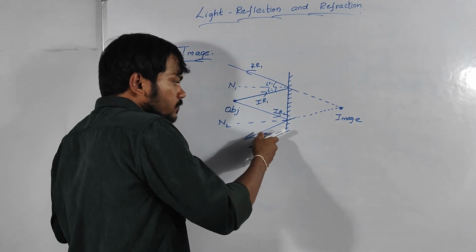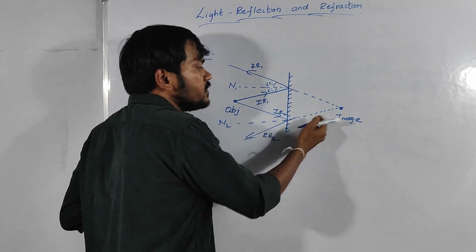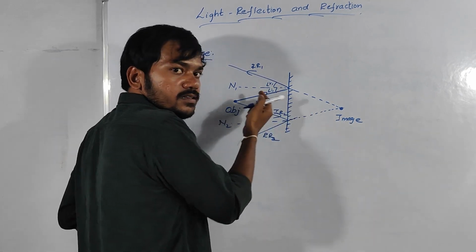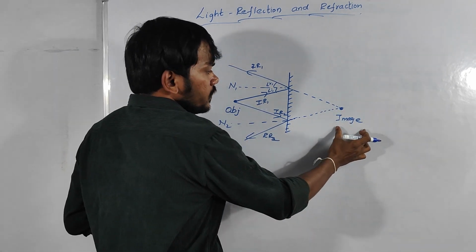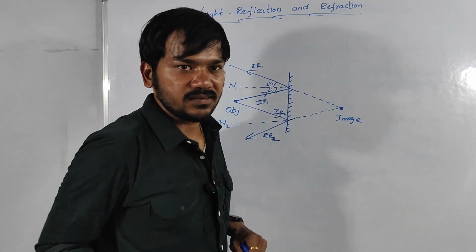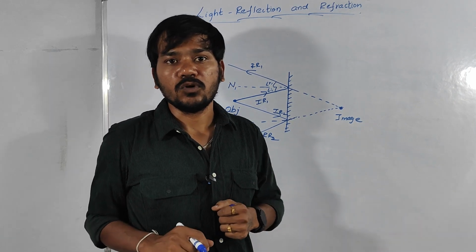Let me repeat again. They must be extended in the opposite direction. Then they are said to be extended reflected rays. They are extended in the opposite direction and made to meet to form an image. You may ask me, sir, you are extending them on the board, but in reality, how is it possible, sir?